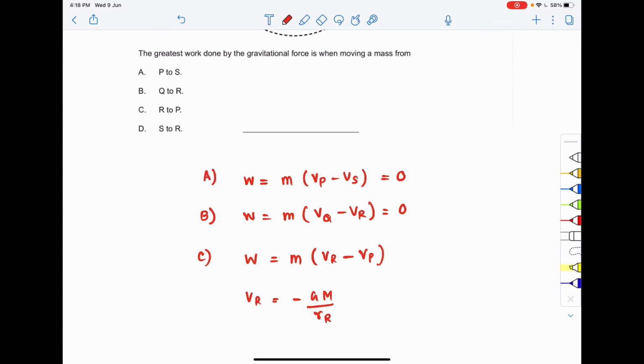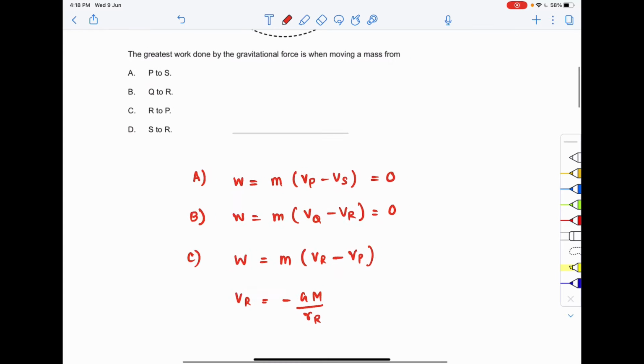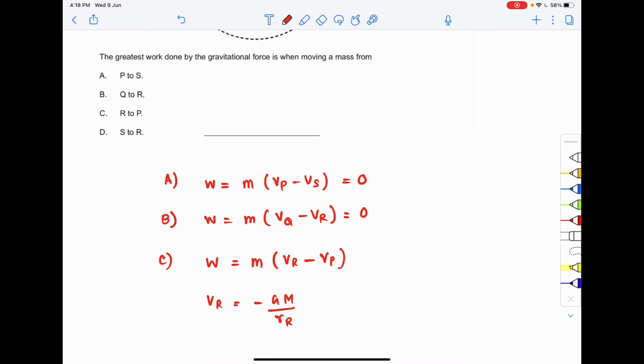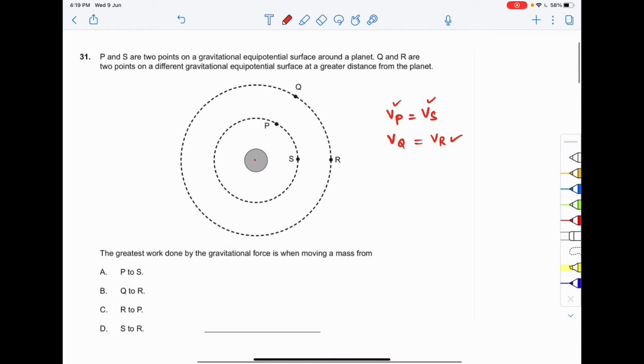Now what is capital M? Capital M is the mass of the planet, okay, and small m you know is the mass you want to move. Okay, now what is the potential of the point P? Potential of the point P is again minus G capital M divided by radius of the point P, so R of P. Okay, so this is R of R, radius of the point R, and this is R of P, radius of the point P.